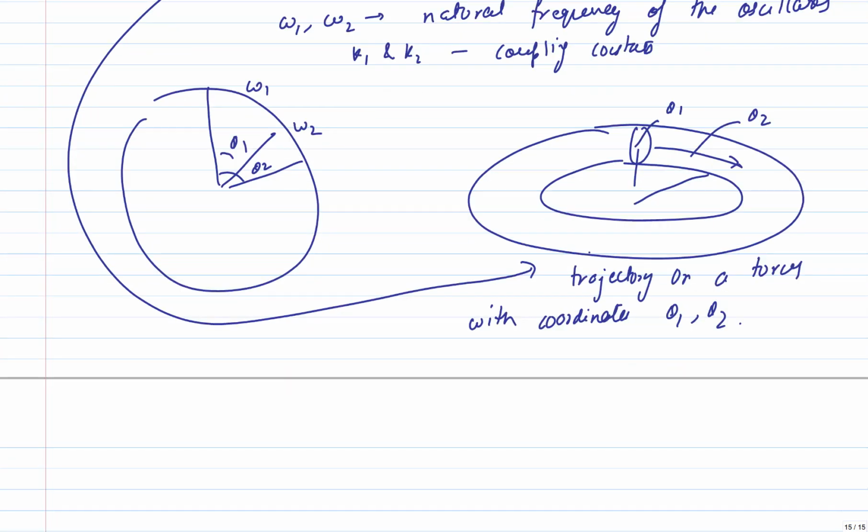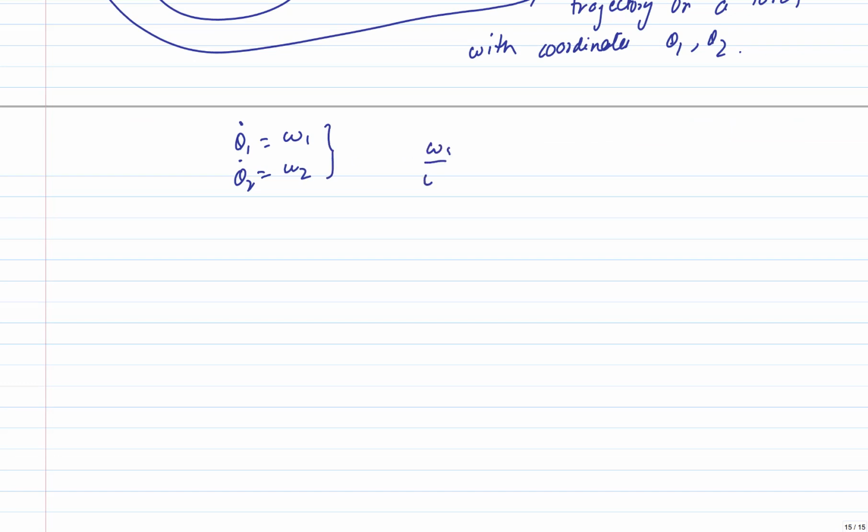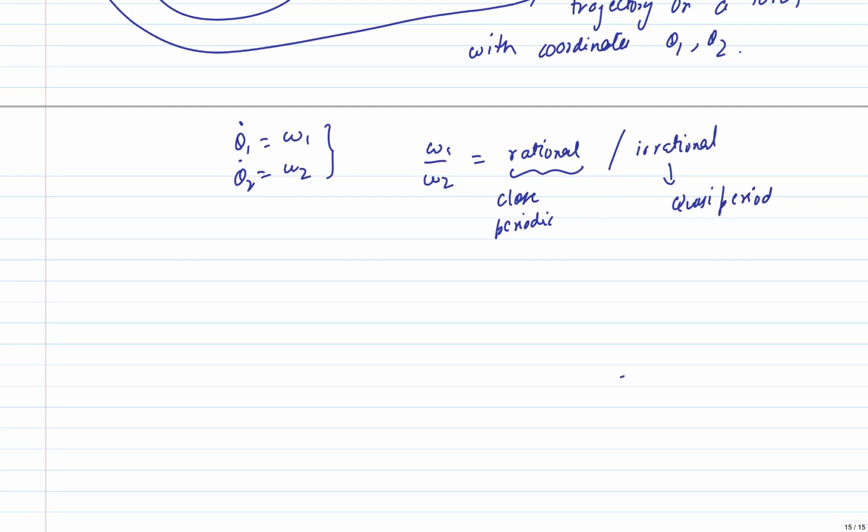So for example, when K1 and K2 are 0, you just have theta 1 dot equals omega 1 and theta 2 dot equals omega 2, and depending upon whether omega 1 divided by omega 2 is a rational or irrational number, I'll have closed periodic orbits, or I'll have quasi-periodicity.